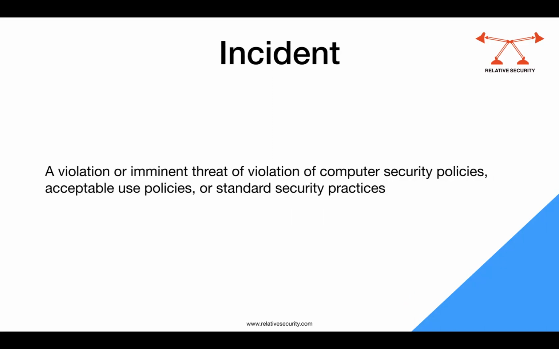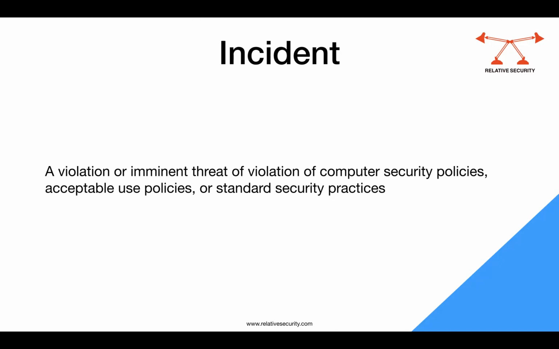So if that is an event, then what is an incident? The incident would be a violation or imminent threat of violation of computer security policies, acceptable use policies, or standard security practices.